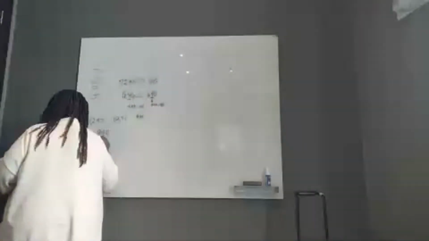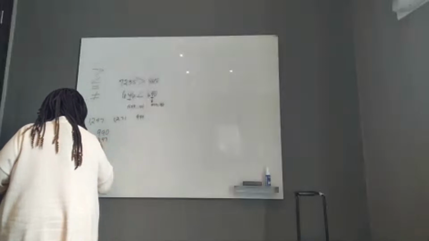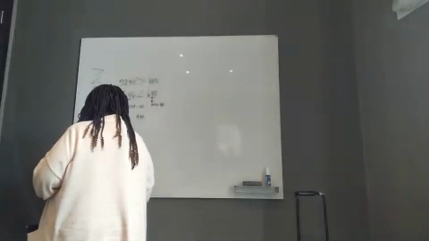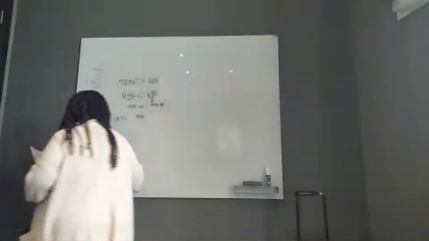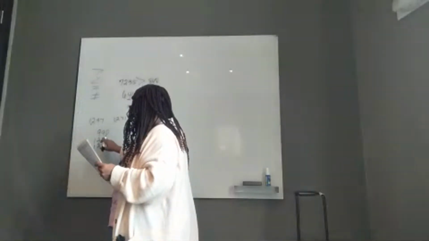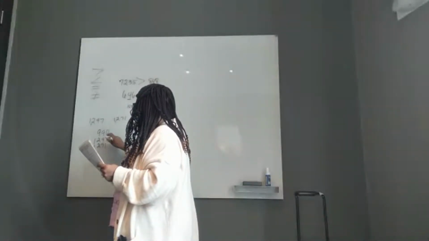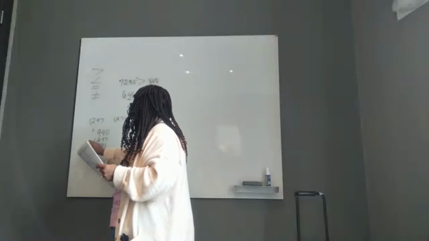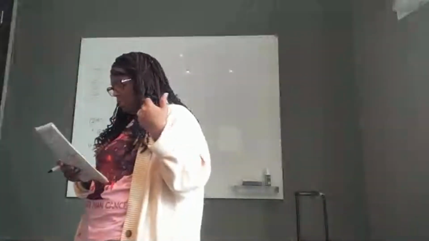The next one would be 1,247. And what would be the next one? The third would be 1,271. Okay, so you see the order here, and it says from least to greatest. So from least to greatest, the sales are 990, 1,247, and 1,271.